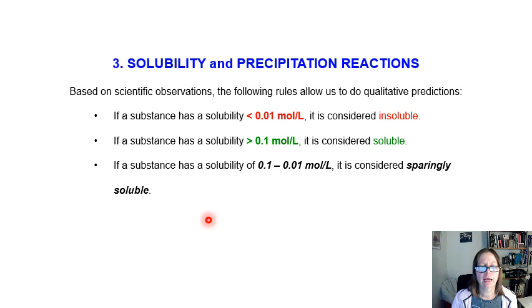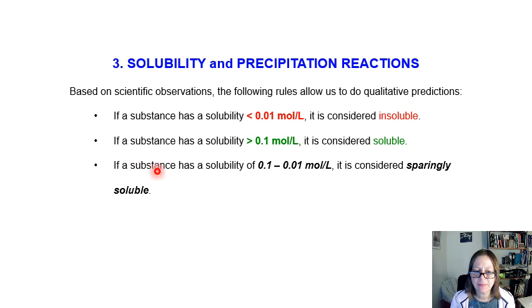We are going to talk now about solubility and precipitation reactions. Based on observations, the following rules allow us to do qualitative predictions. If a substance has a solubility that is less than 0.01 mole per liter, it will be considered insoluble.